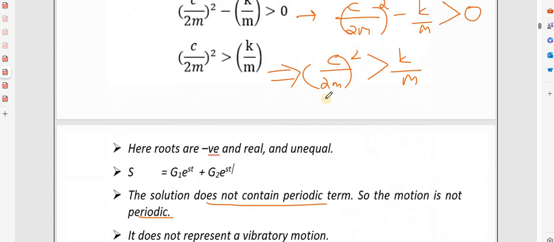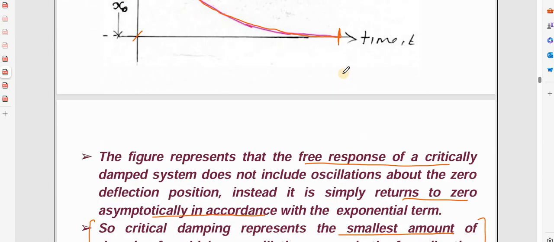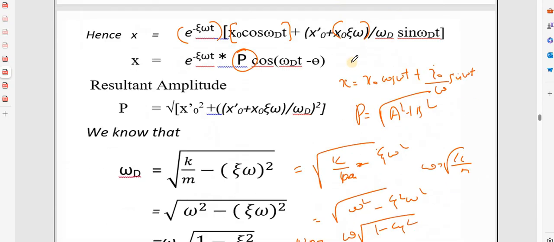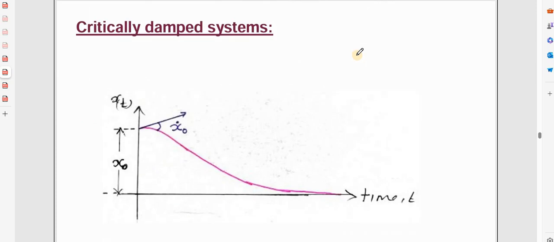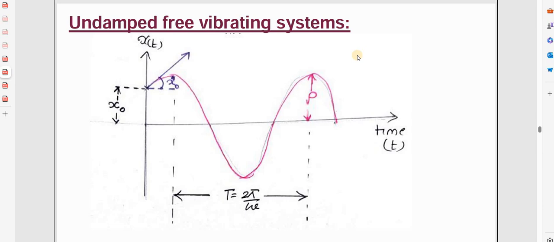Okay. Now, we have introduced almost 4 new terms also. Let us take an example. This is an undamped free vibration system. The damping will be like this. This will be the amplitude.